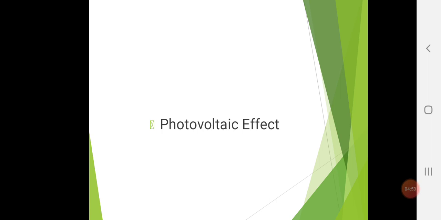Now, let's see what the photovoltaic effect actually is. We all know that sunlight is composed of tiny energy packets known as photons. When sunlight falls on a solar cell, the photons with high frequency get readily absorbed. The light energy present in the photon is transferred to the semiconductor, particularly to an electron in the atom.